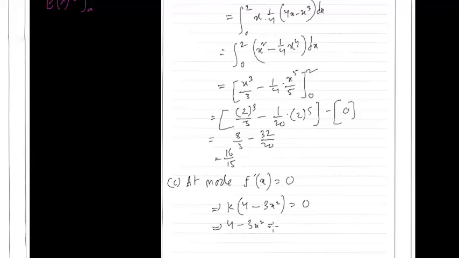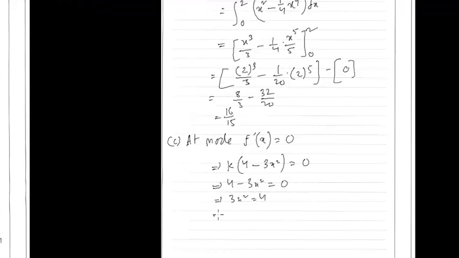So 4 minus 3x squared equals 0. Therefore 3x squared equals 4. That means x squared is 4 by 3. Therefore x equals plus minus square root of 4 by 3. Which one to take? Remember, the limit is from 0 to 2. That means it is going to be the positive value.